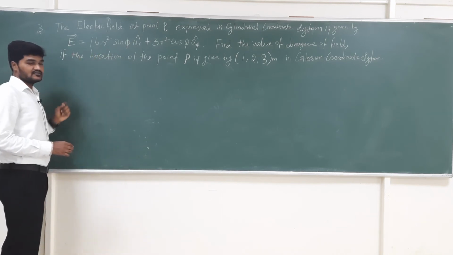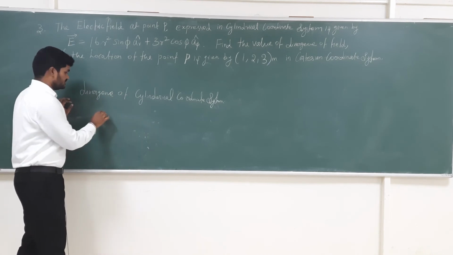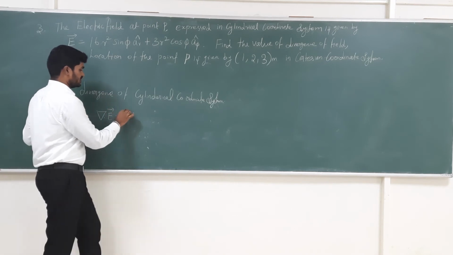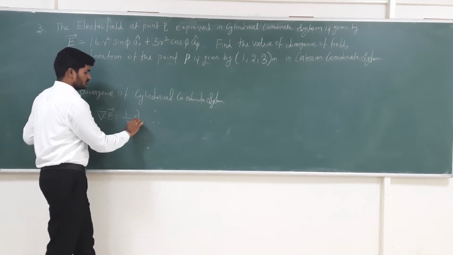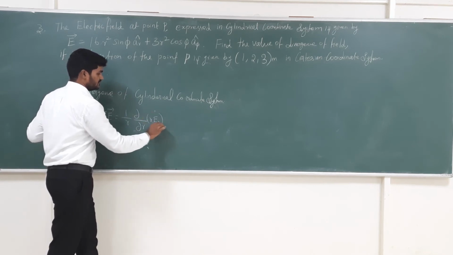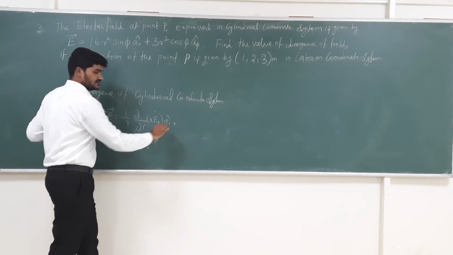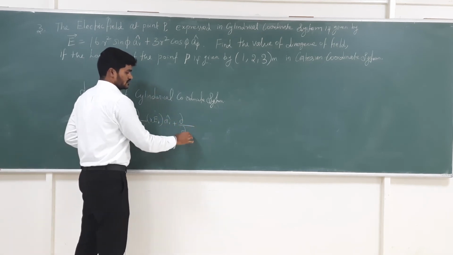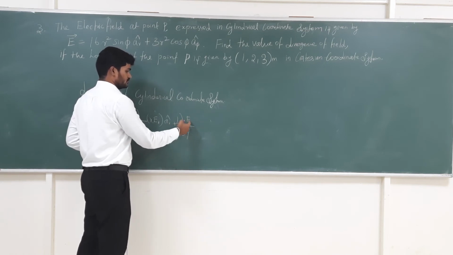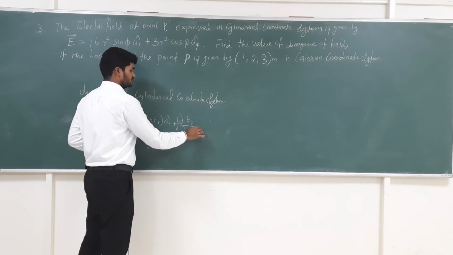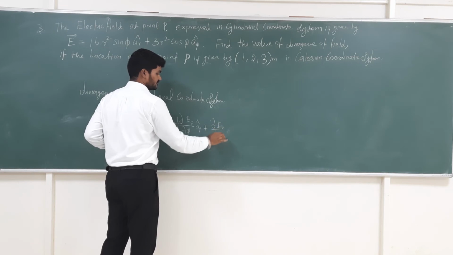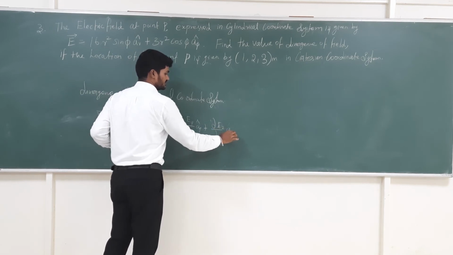Okay, in cylindrical coordinate system, the divergence del dot E vector is equal to 1 by r ∂/∂r (r E_r) a_r plus 1 by r ∂E_φ/∂φ a_φ plus ∂E_z/∂z a_z.